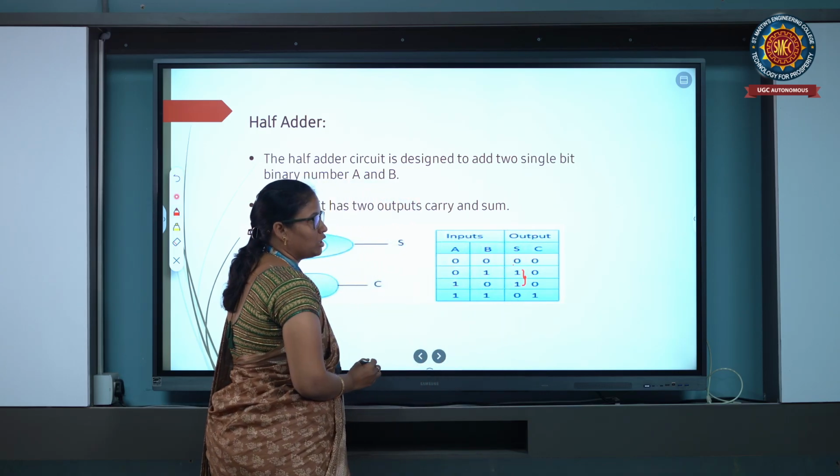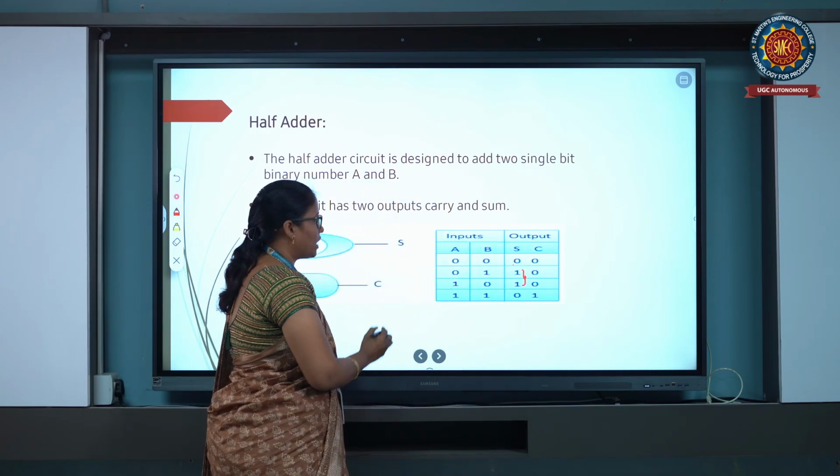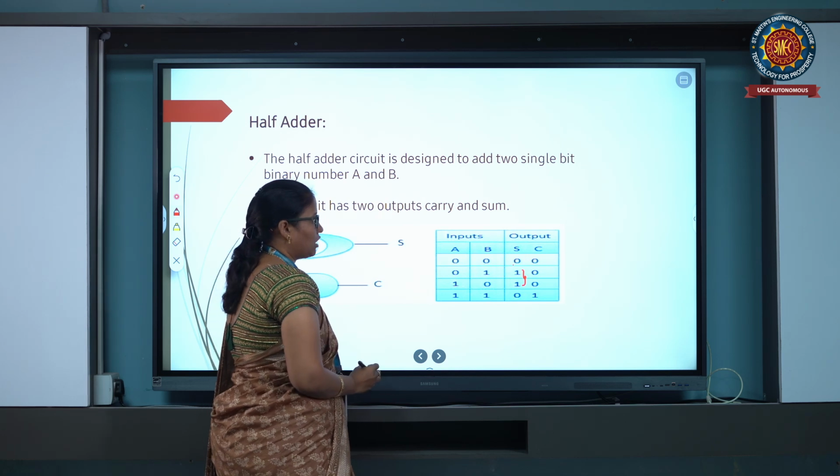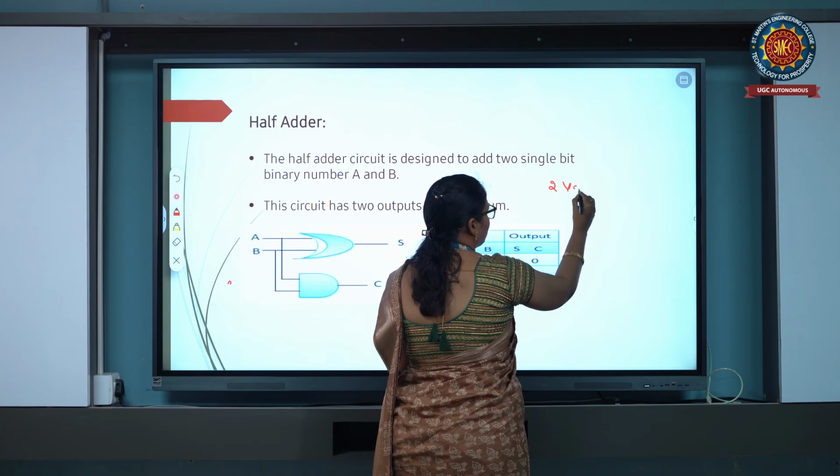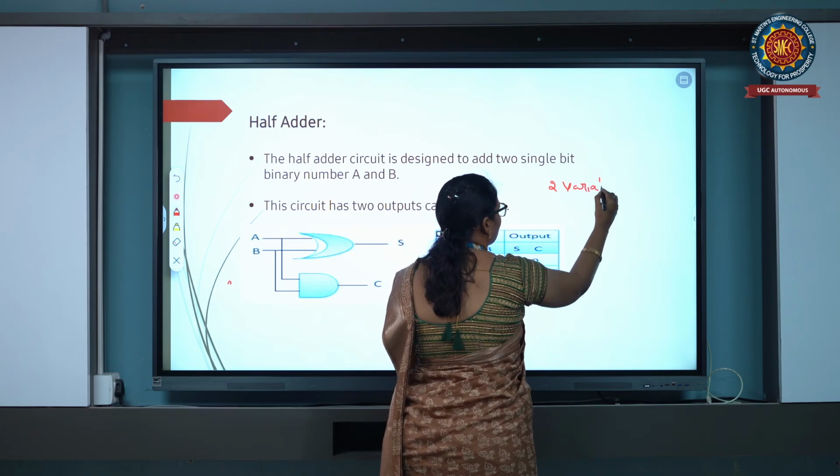From the truth table, using a two variable K-map, we can realize the circuit diagram. Let us consider the two variable K-map, which has 4 cells.